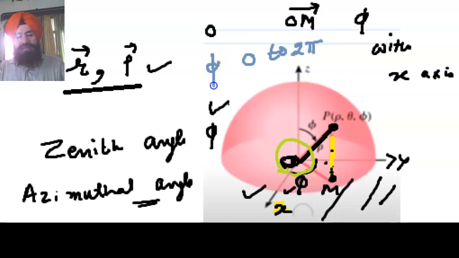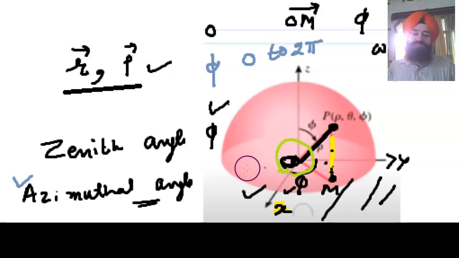So phi, the azimuthal angle, can have value from 0, increasing to 90 degrees, 180 degrees, and then going on increasing, ultimately it reaches 2 pi.